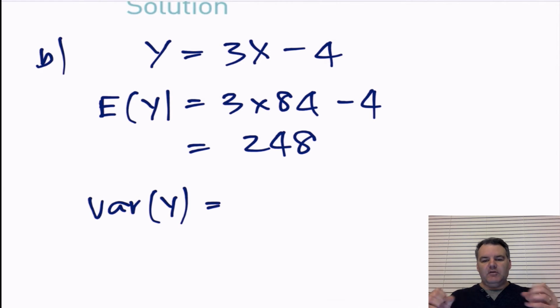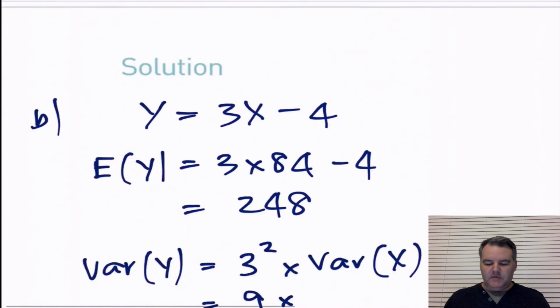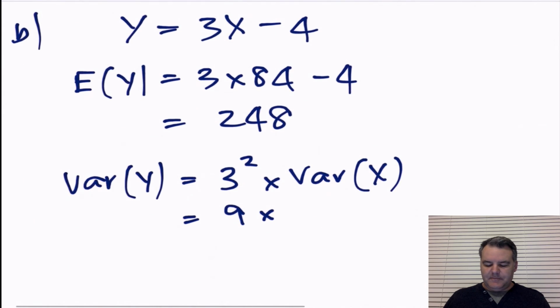The variance now, because we've times by 3 and then subtracted 4, the minus 4 doesn't make any difference, but the multiply by 3 triples the standard deviation and the variance is bigger by a factor of 3 squared. So it's 3 squared times the variance of x. Okay, so 9 times the variance of x, which was 1200.